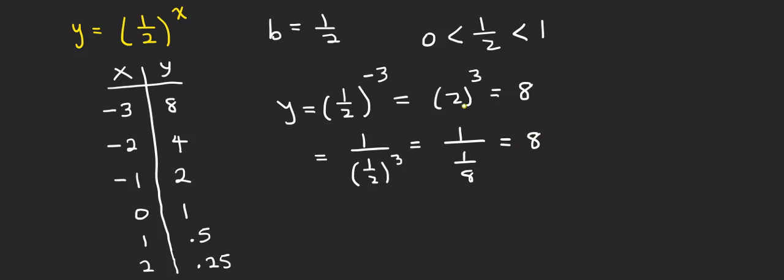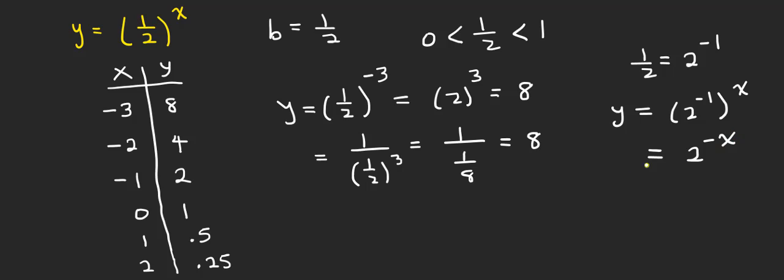Also, I want to point out that 1 over 2 is the same thing as 2 to the negative 1. So therefore, y equals quantity 1 over 2 to the x is the same thing as y equals 2 to the negative 1 to the x power, which is the same thing as 2 to the negative x.